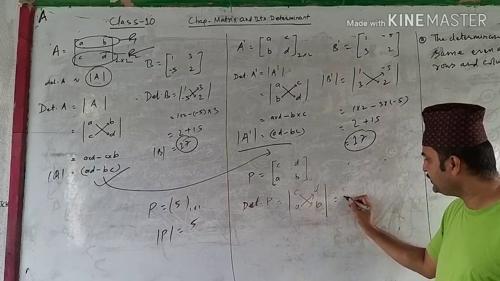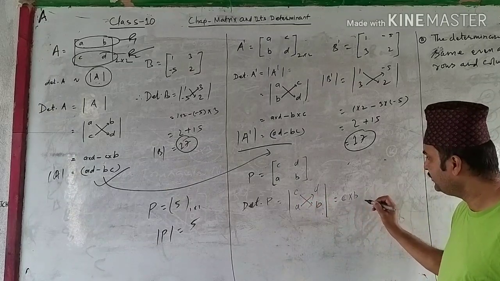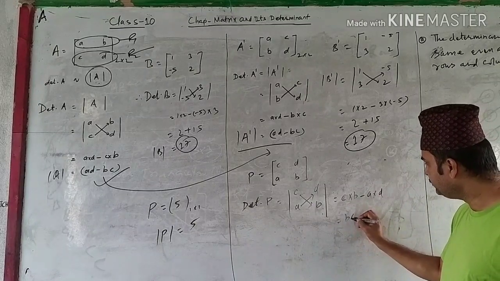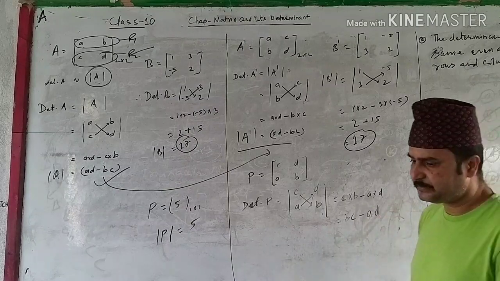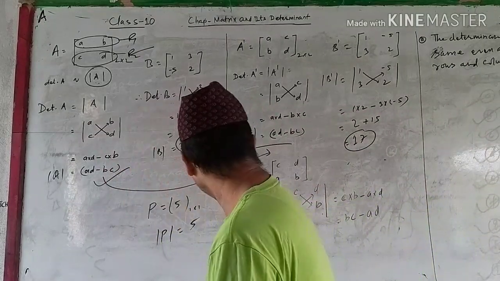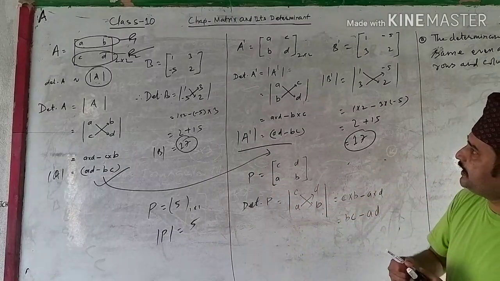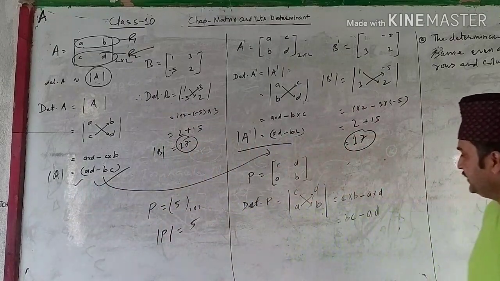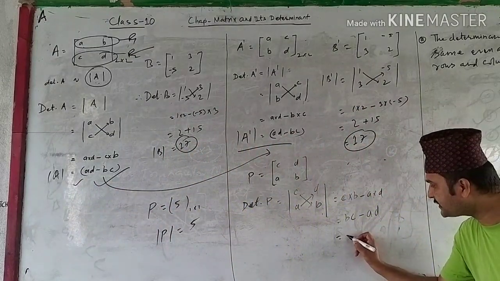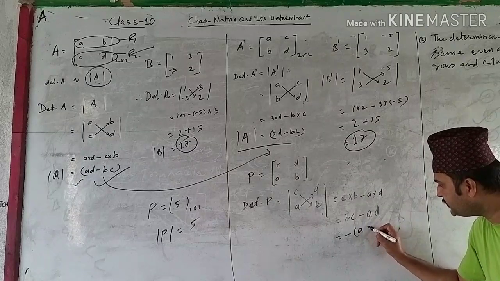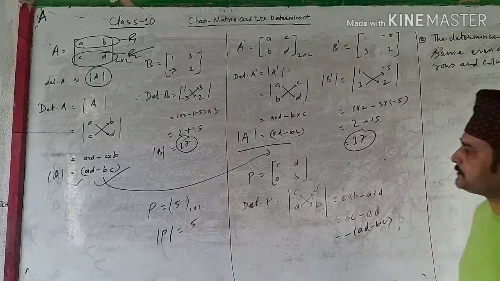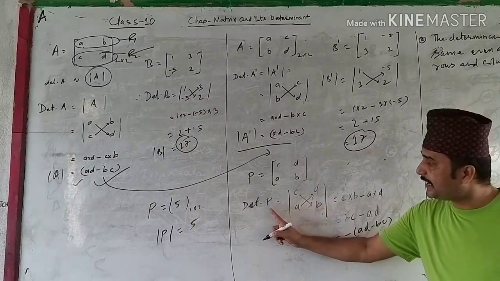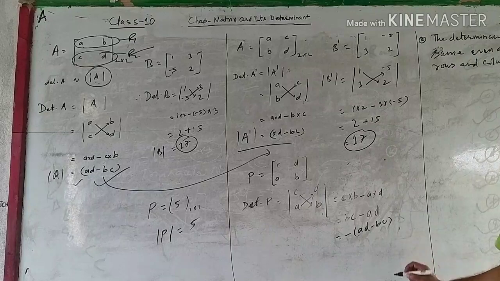C into B minus A into D. So this is BC minus AD. And what value have we got in the determinant of matrix A? AD minus BC. Let's take the minus sign common. If I take the minus sign common, then it is AD minus BC. What is the difference between these two, the determinant of matrix A and the determinant of matrix P, both the results?